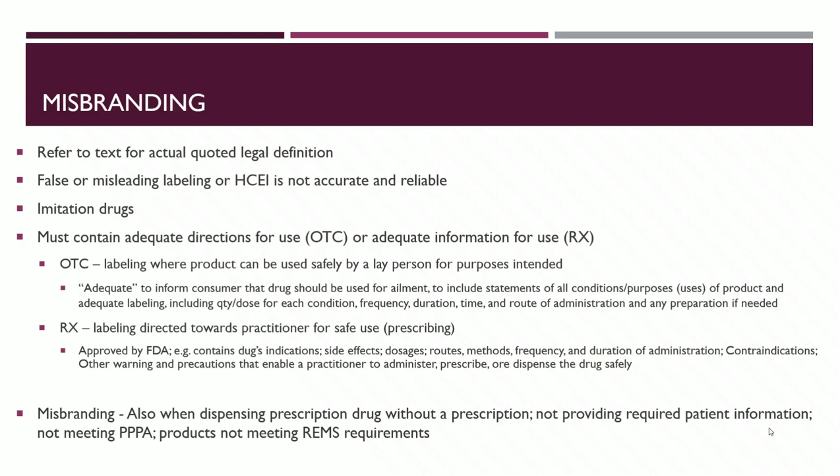There's other things here too. You don't give the proper information that you're required to with the labeling of the product. Not the patient information, sorry. So there's other things that fall under misbranding as well. So make sure you look at that and understand that there's other things there too.